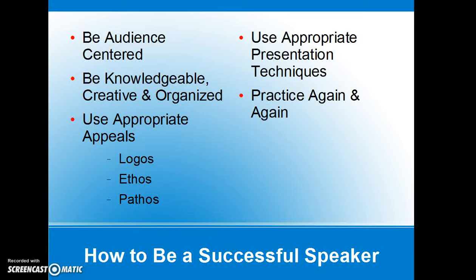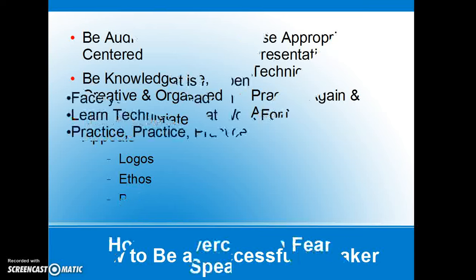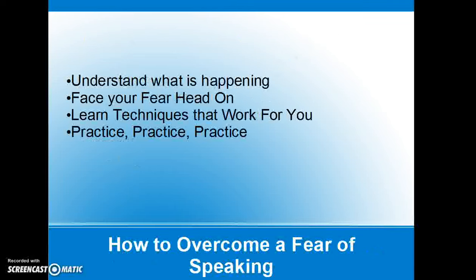And then lastly, and probably most importantly, is the importance of practicing your speech again and again and again. And taking that a step further than what the chapter talked about, it's also important that you practice your speech out loud and in front of other people. That way you can get used to how it feels to be in front of people giving a speech versus just practicing it in your head, which is a totally different situation.